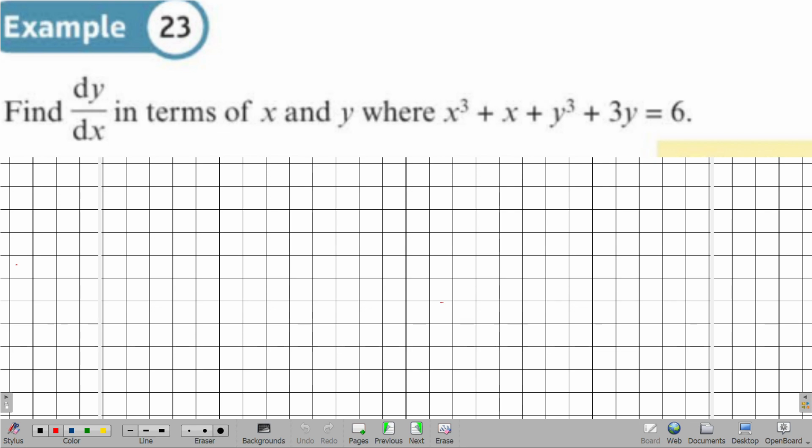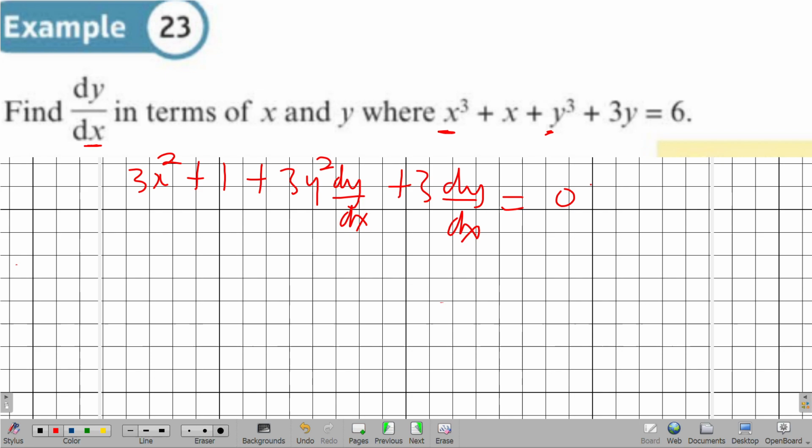Since x is the independent variable, the derivative of this is 3x squared plus 1 plus 3y squared. But because this is the dependent variable, we apply the chain rule here. So that's dy over dx plus 3, again the chain rule here is dy over dx, is equal to 0.